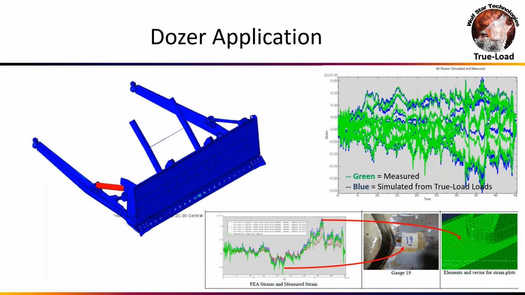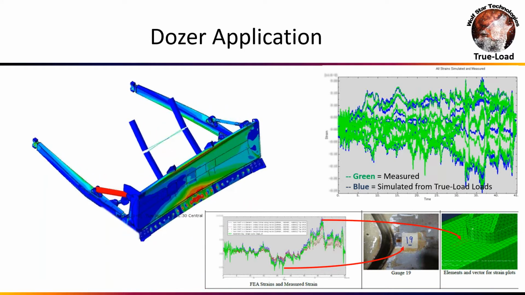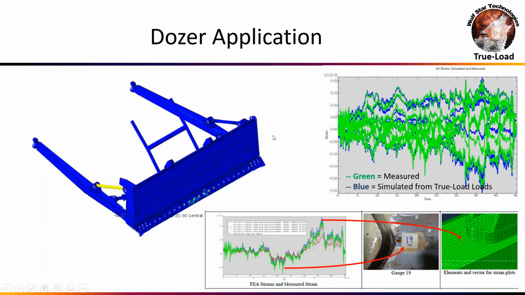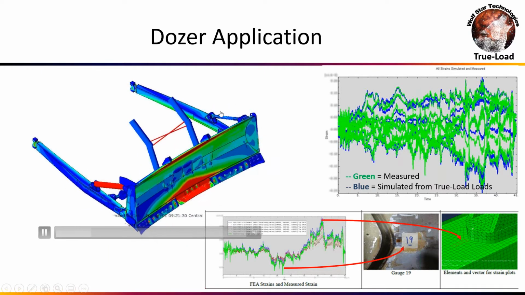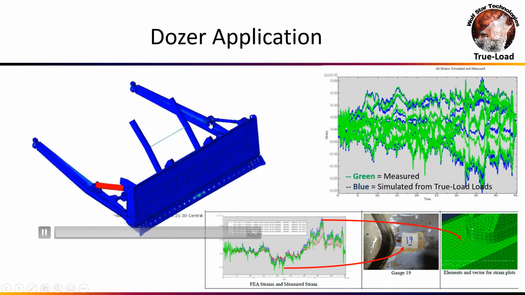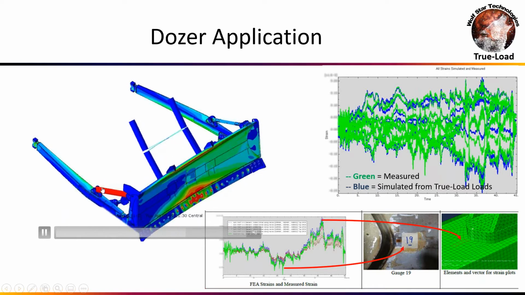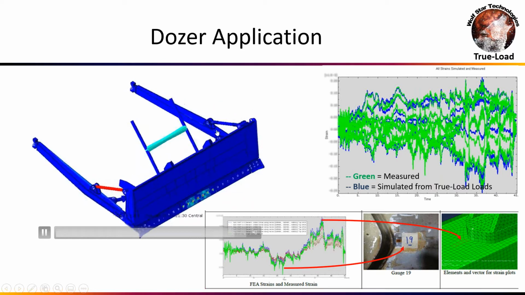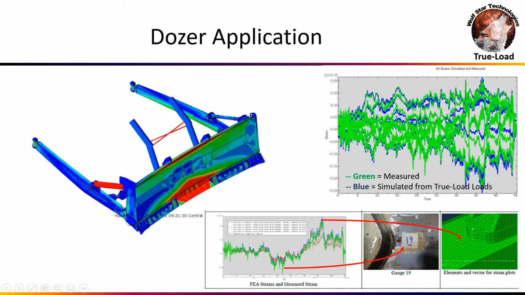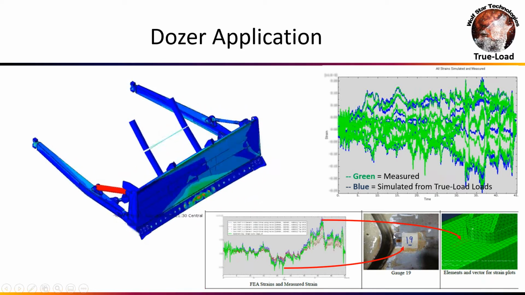They had never been able to get a correlation like that before. But they said, Tim, our real issue was these forgings here. They had welds on these forgings, and all their development issues were around these welds. So they laid extra gauges, like gauge number 19, right up against one of the welds.